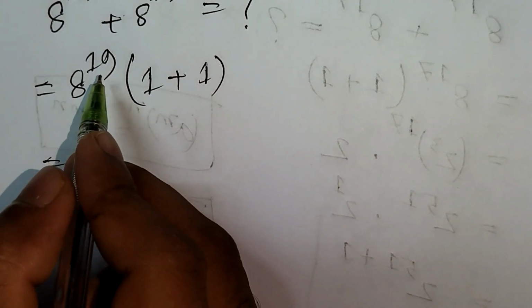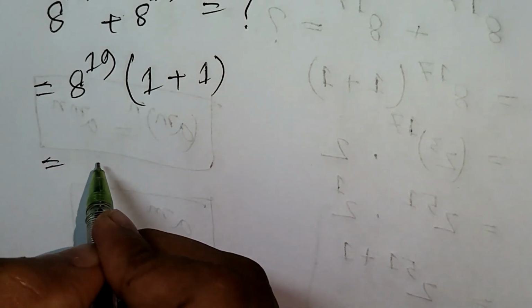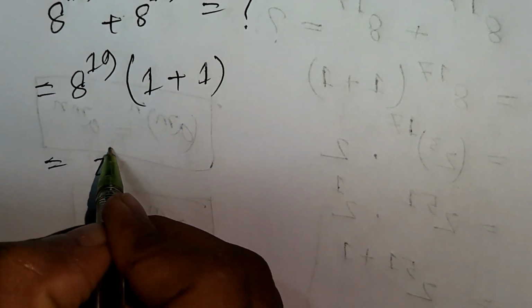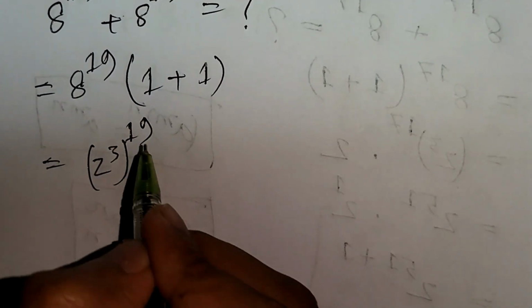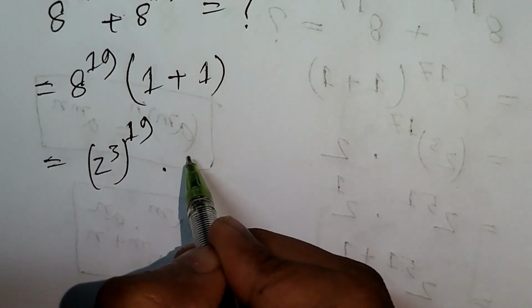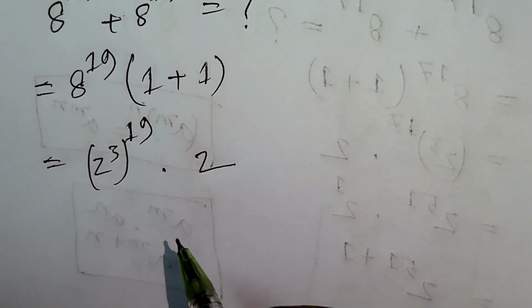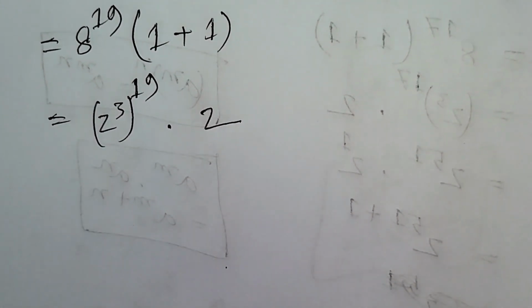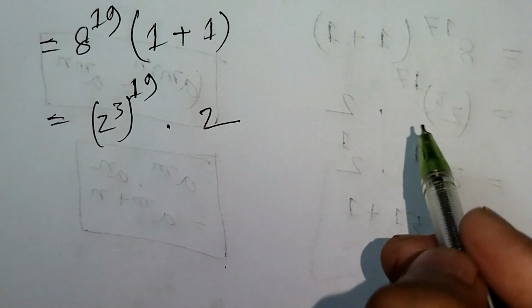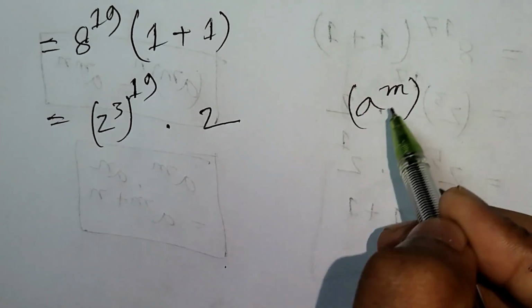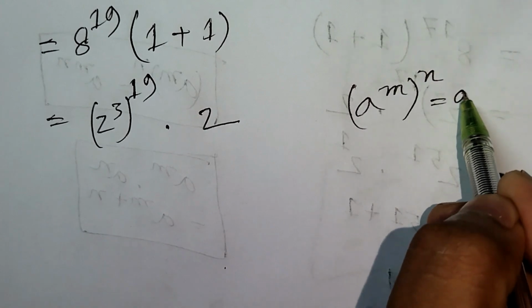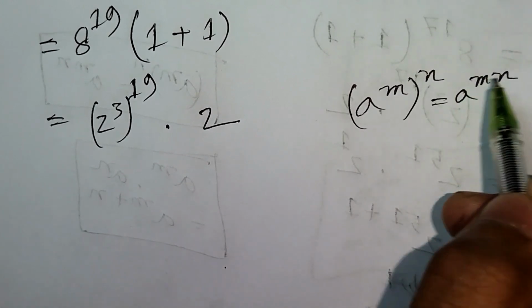8 power 19 is the same as 2 to the power 3 bracket 19 times 1 plus 1, that means 2. Here we can apply this exponential rule that a power m bracket n is equal to a power mn.